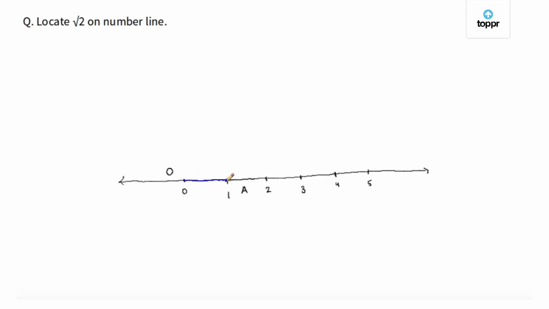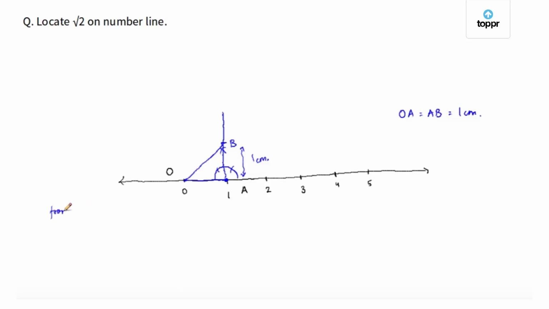At point A, make an angle of 90 degrees using a compass, and along this angle, mark a point B at a distance of 1 centimeter from A, such that OA is equal to AB is equal to 1 centimeter. Join OB. Triangle AOB is a right angle triangle.